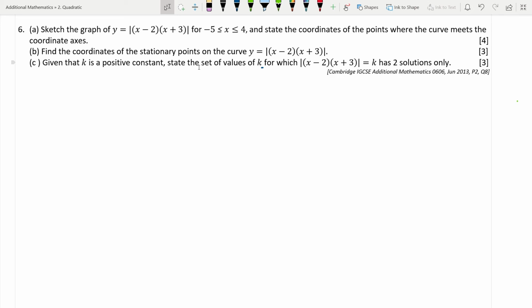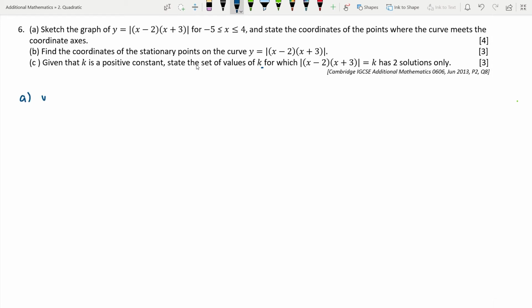Question 6. This question is taken from Cambridge IGCSE Additional Mathematics, June 2013, Paper 2, Question 8. A. Sketch the graph of y is equal to modulus x minus 2, x plus 3 for x between -5 and 4 and state the coordinates of the points where the curve meets the coordinate axis.